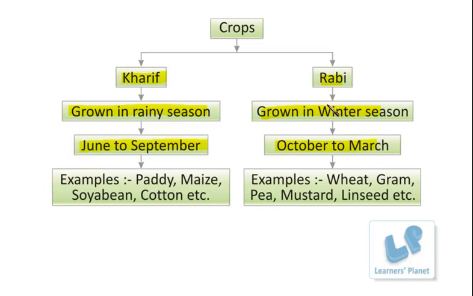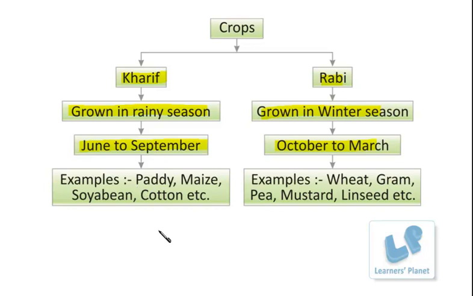From this, you can imagine that if we are considering this rainy and the winter season, then what type of climatic conditions are there regarding the amount of water, temperature, sunlight, and so on. So you can think of the basic conditions required for the growth of the Kharif crops and the Rabi crops.